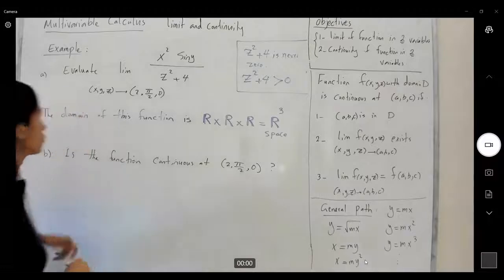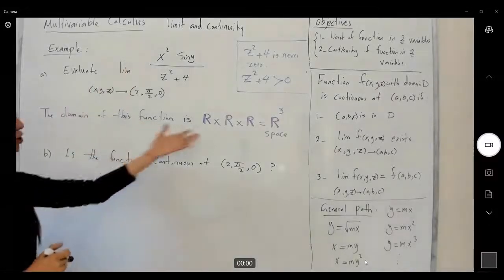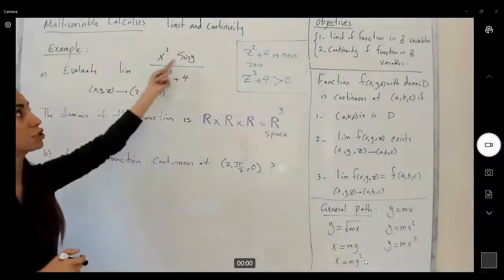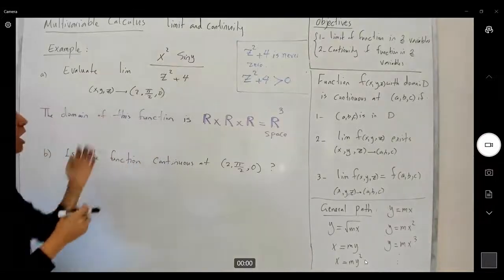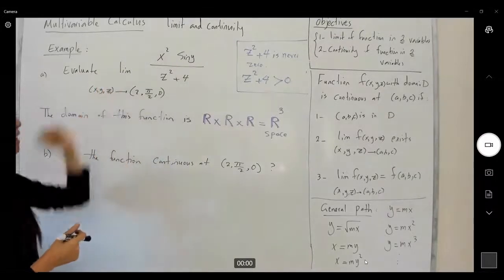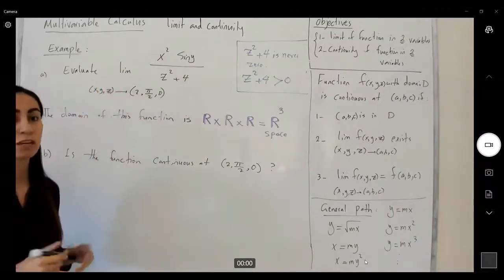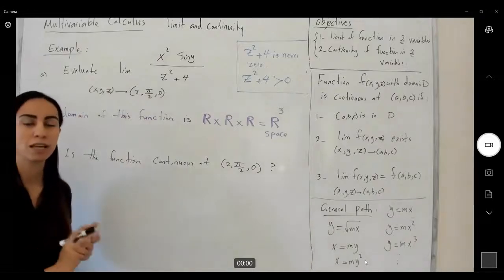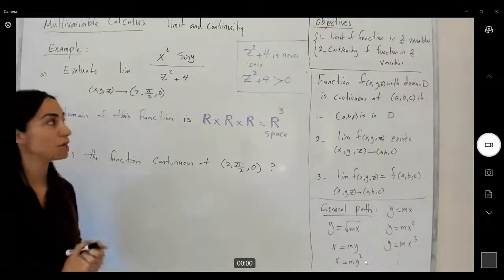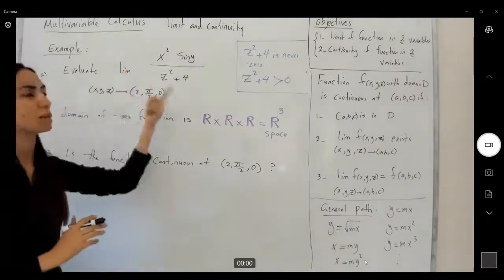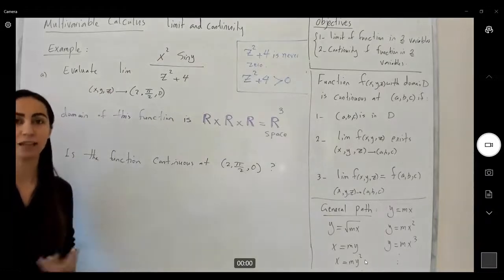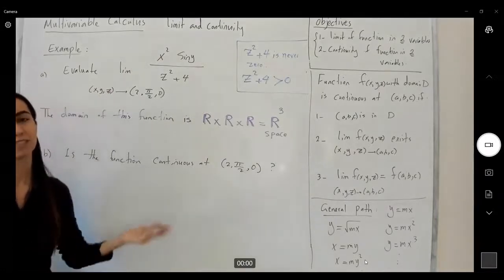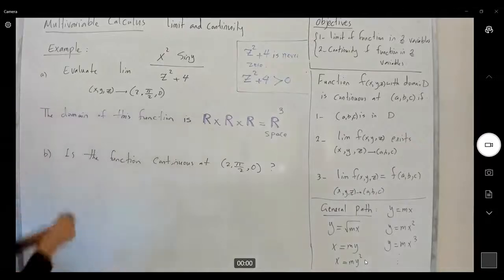Very well. To find the domain of the function, we just investigate each of these separately. This is our domain. Now, let us evaluate the limit of this function. Remember that when it comes to limit, our very first step is to plug in these values. If we get a constant L, a number, it means that we're lucky.